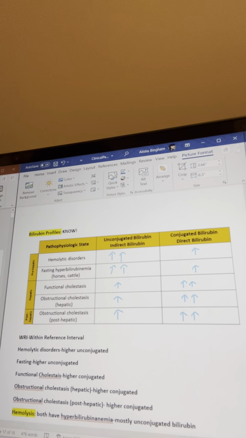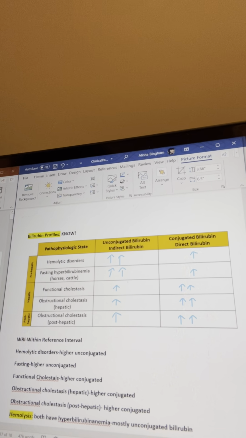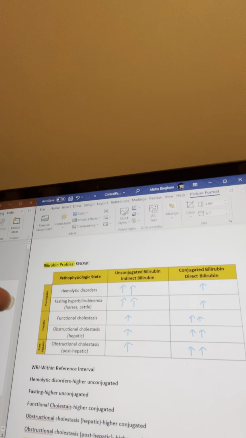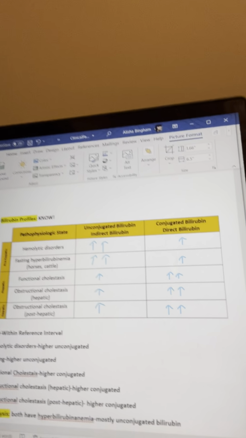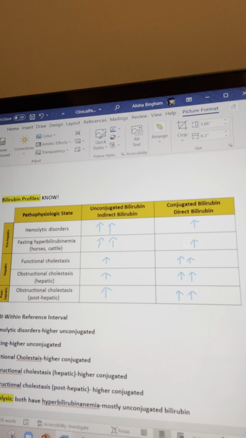But for obstructional cholestasis, and that's the hepatic, and then we have the post-hepatic obstructional cholestasis, these all have to do with increased conjugated bilirubin. So it's the opposite of the hyperbilirubinemia and the hemolytic disorders. So then we got into intravascular hemolysis.